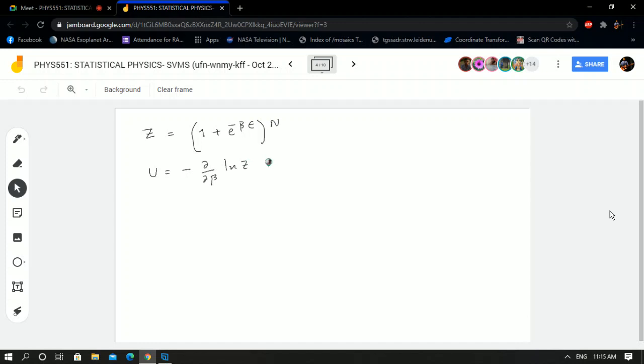So that is equal to minus dou beta of n, which I can write outside, logarithm of 1 plus e to the minus beta epsilon, which is equal to minus n divided by 1 plus e to the minus beta epsilon into e to the minus beta epsilon into minus epsilon.